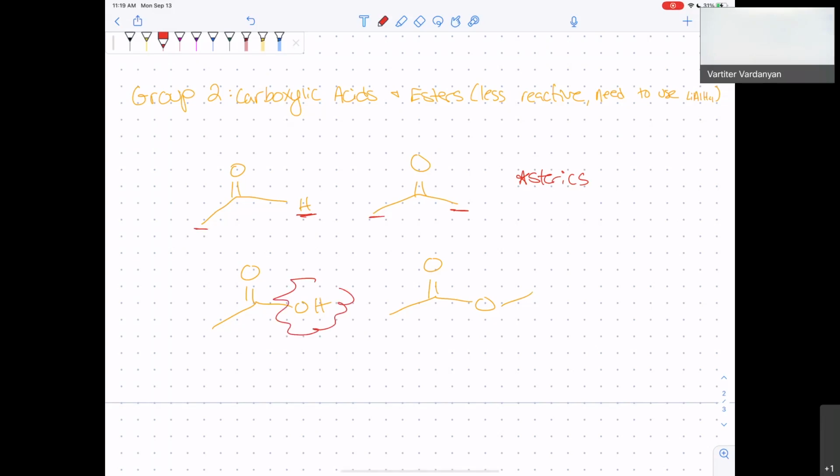And then we have these huge oxygen groups. So aldehydes and ketones have less steric hindrance, which makes it more reactive, because a nucleophile, something that's attacking it, can get in there more deeply.